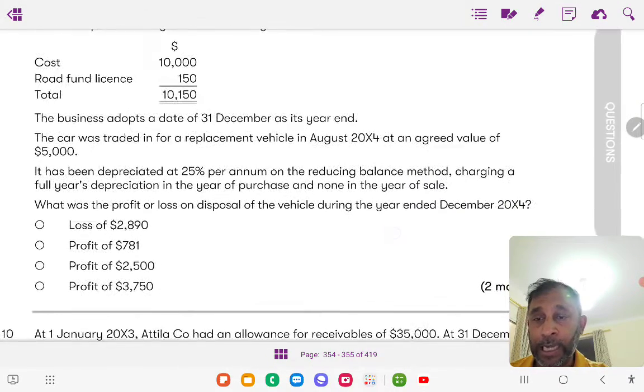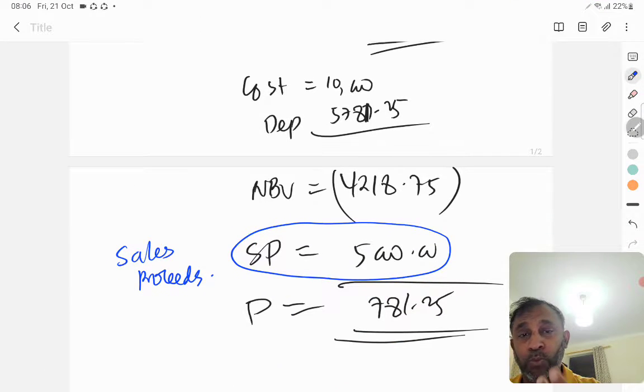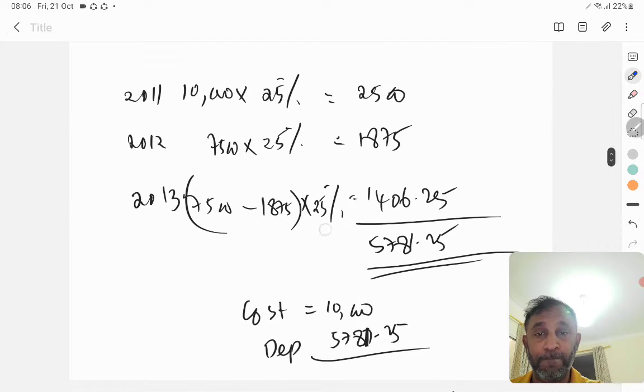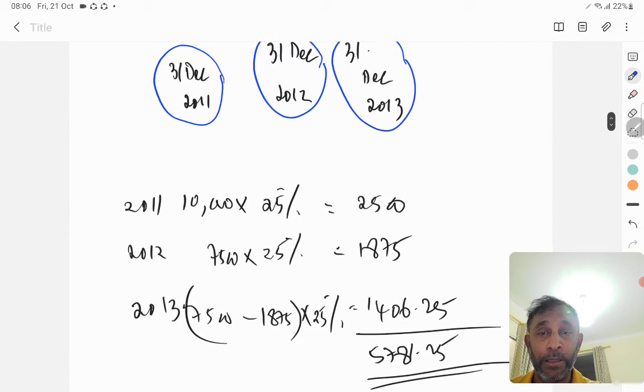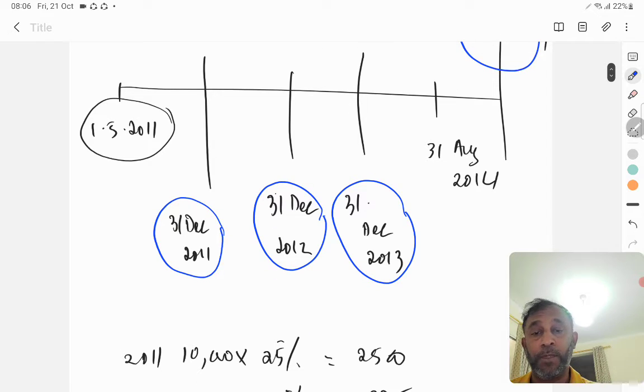Then they say it has been depreciated at 25% per annum on the reducing balance method, charging a full year's depreciation in the year of purchase and none in the year of sale. Now there are 2 points here. One is about the depreciation policy.